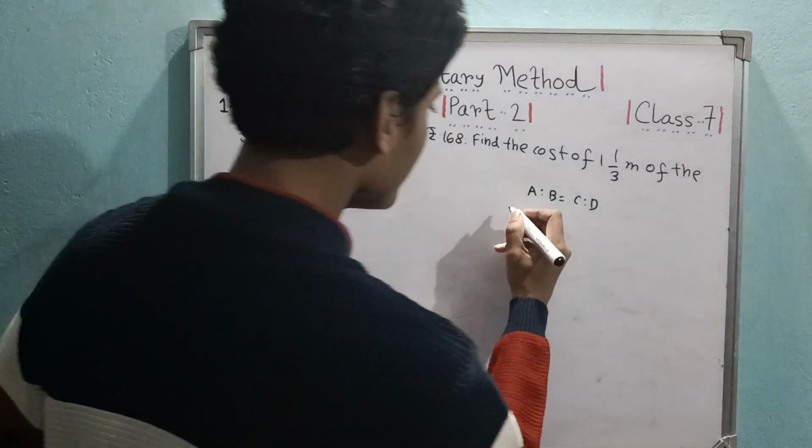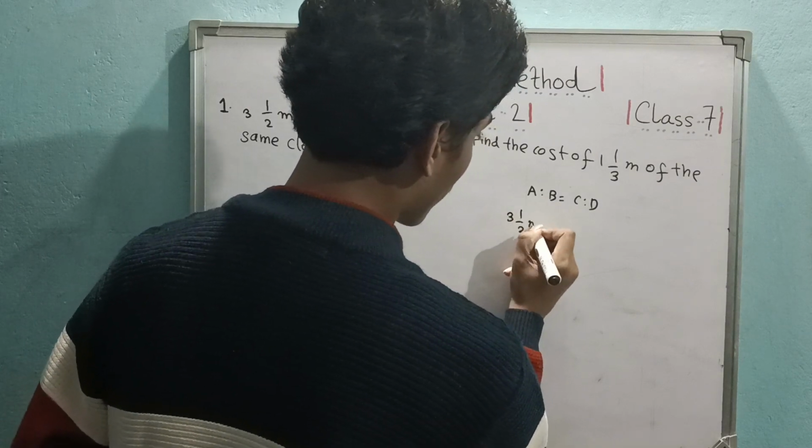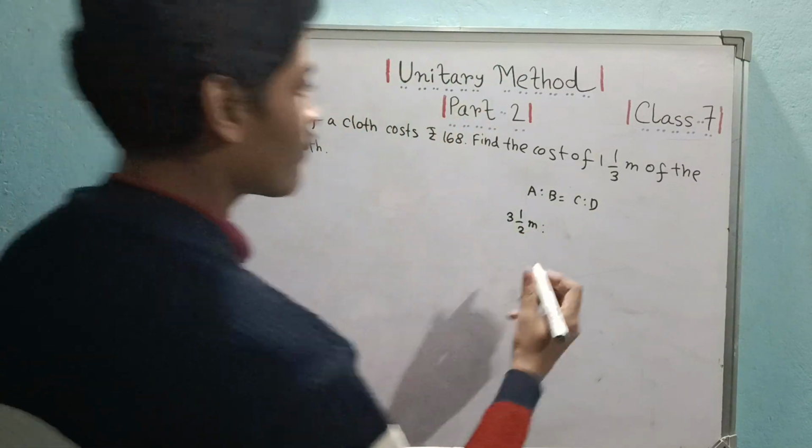Now how can we use the method of proportion here? 3 1/2 meter of cloth costs rupees 168.